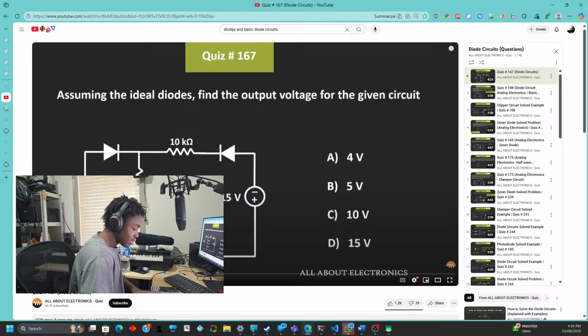So it will be like there's an open circuit here, and then it can go down through these two 10 kilo ohm resistors. It can go through this resistor right here, and then the second resistor.